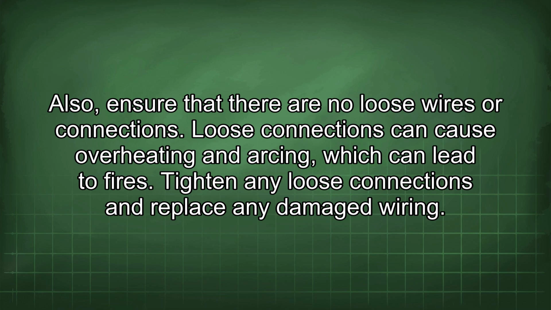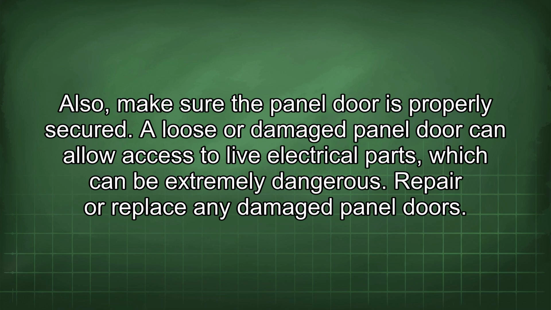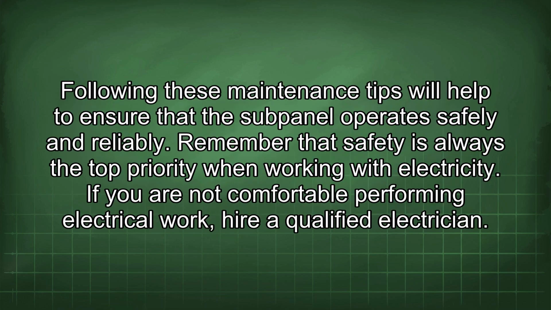Tighten any loose connections and replace any damaged wiring. Also, make sure the panel door is properly secured. A loose or damaged panel door can allow access to live electrical parts, which can be extremely dangerous. Repair or replace any damaged panel doors. Following these maintenance tips will help to ensure that the subpanel operates safely and reliably.